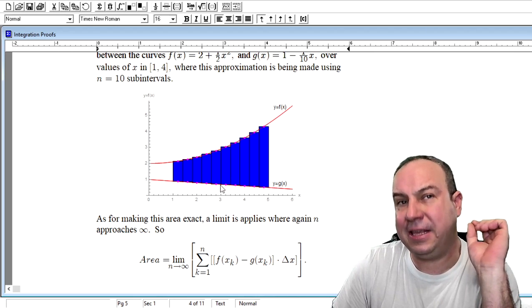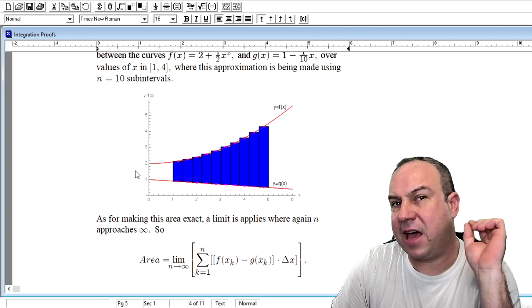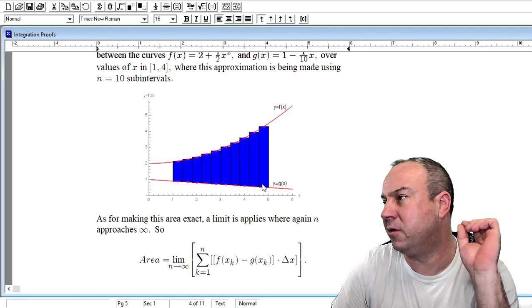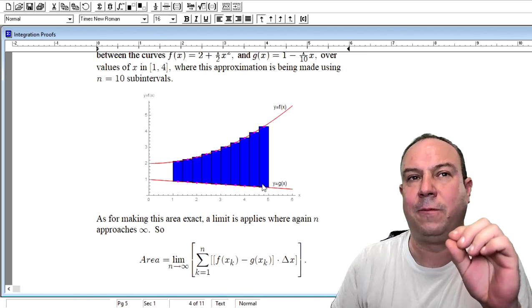And the height is the difference between f of x and g of x, f of x minus g of x, at each of these different values of x in these n subintervals, at the value of x sub k in the kth subinterval.